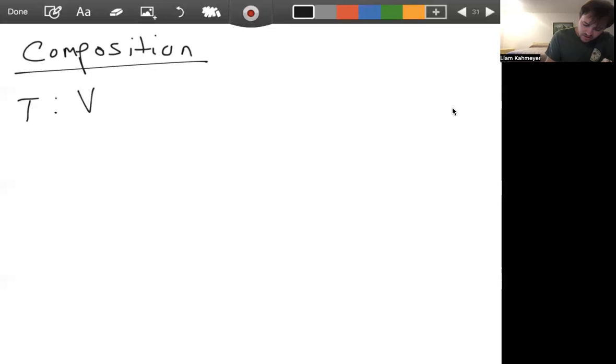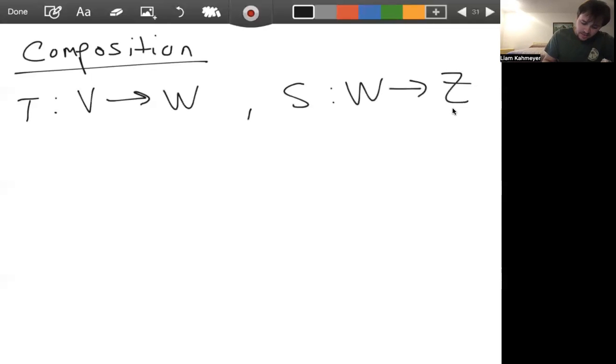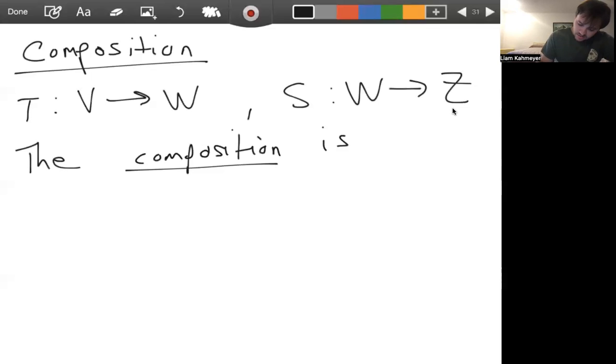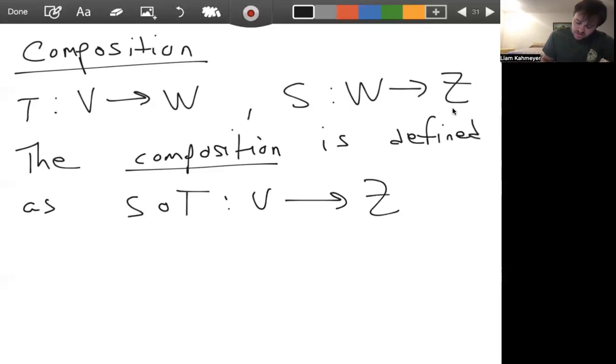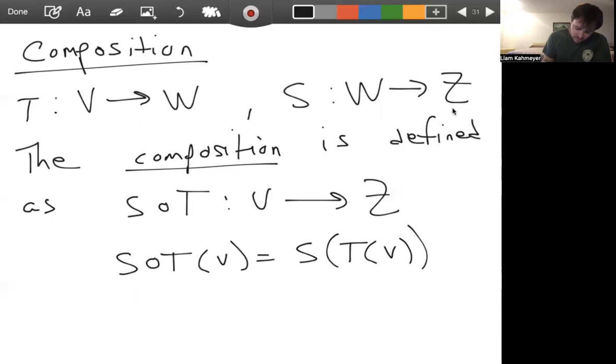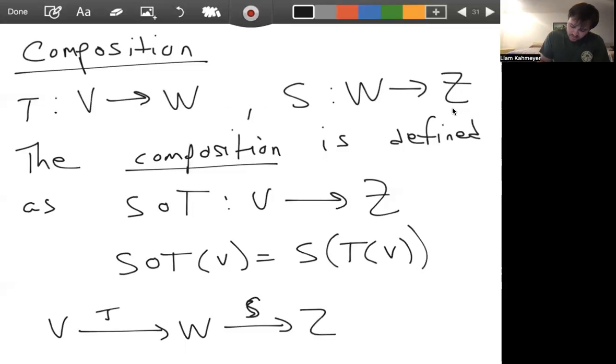Let's say we have a transformation T from V to W and then some other transformation S from W to Z. Then the composition is defined as, and we write it as, S compose T, which is a map from V to Z. Really, S compose T of a vector V is S of T of V. You have your map T from V to W, your map S from W to Z, and you take the composition, which is first T and then S.